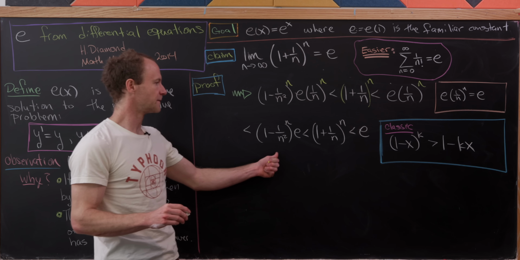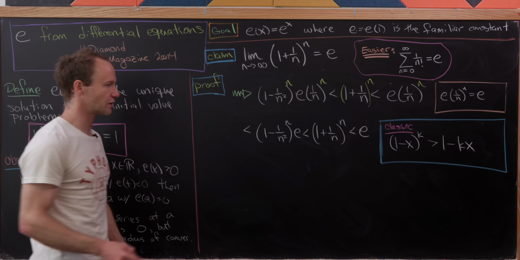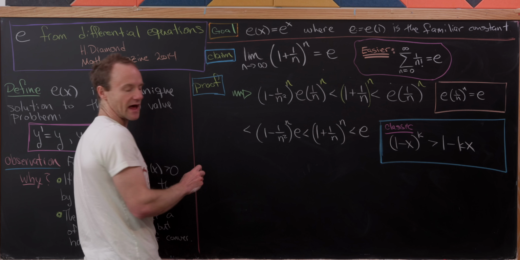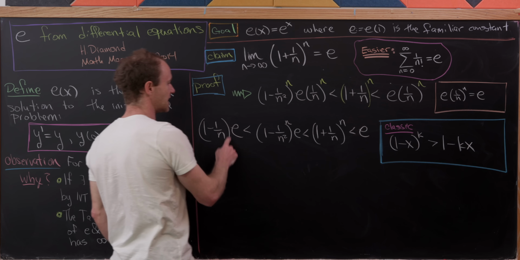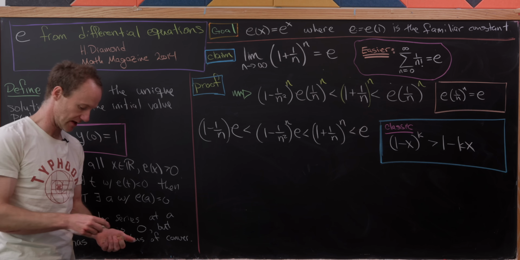Of course, here, our k is played by n and our x is played by 1 over n squared. So pushing that this way, we'll have 1 minus 1 over n times e, with a distinct lack of exponentiation by n.